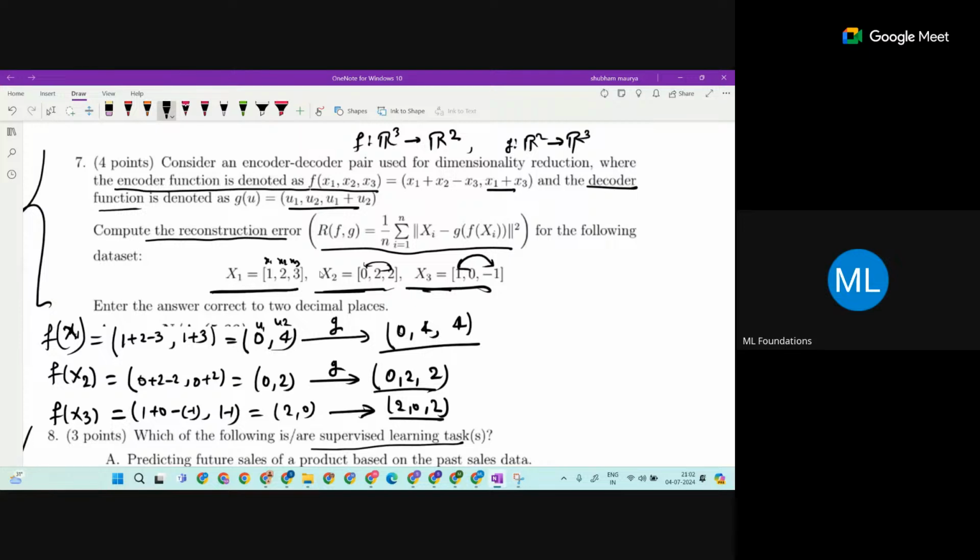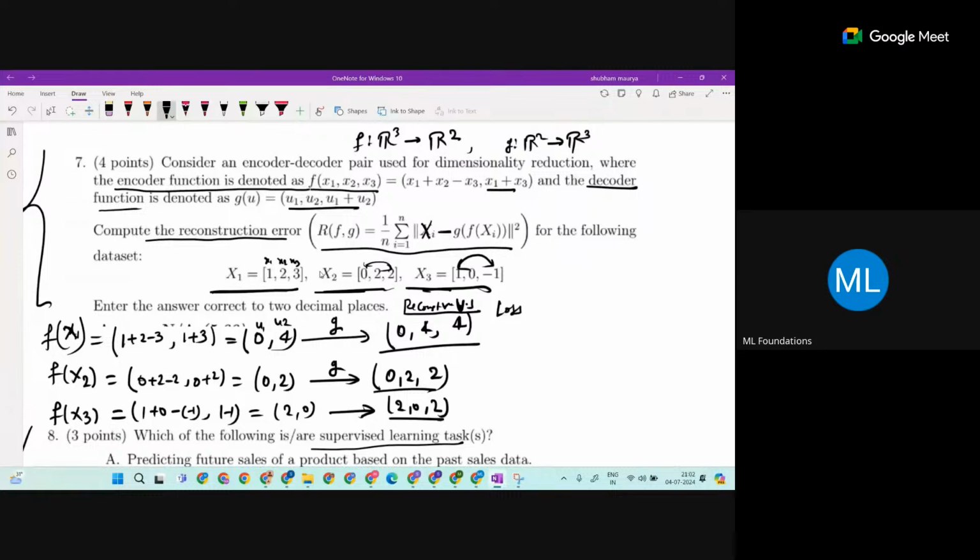Now let's calculate the loss. Loss is exact value minus whatever is encoded and decoded. This is your reconstructed vector, right? Previously it was this one.